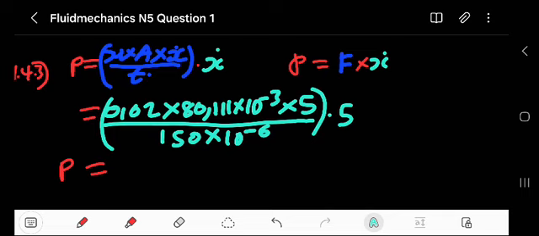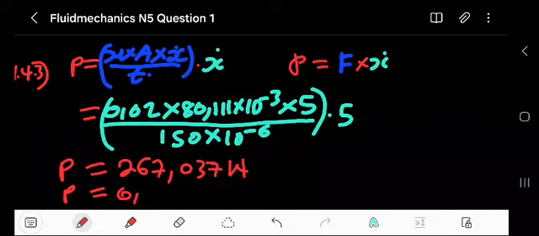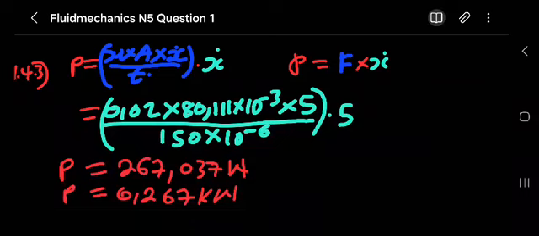He said this in kilowatts, isn't it? I've obtained 267,037. This is in watts, but in kilowatts we divide by 1000, so the power is 0.267 kilowatts.